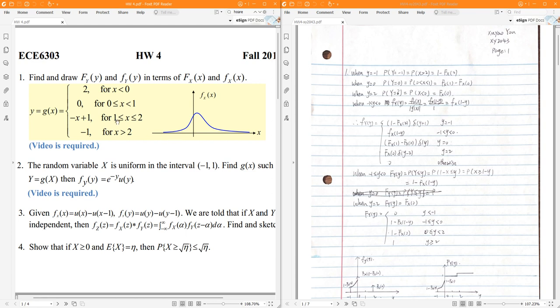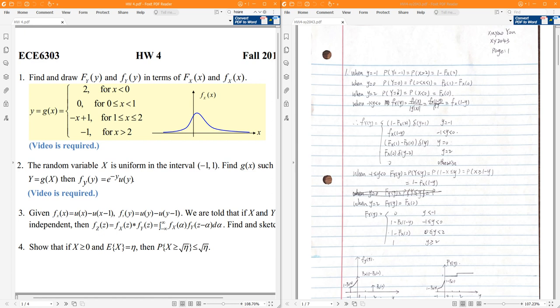And the tricky one is that y is negative x plus 1, and x is from 1 to 2, and we can reverse it. We can get in this case y is from -1 to 0, and we can use this approach to calculate the fy.